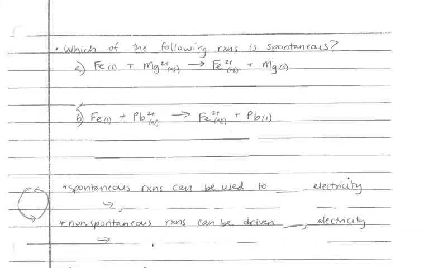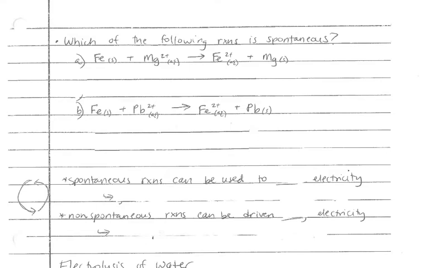So here's another form of the question, just asking which of the following reactions is spontaneous. So let's look at the first one. We've got to figure out which one's being reduced and which one's being oxidized. We have iron and magnesium. So let's look at the table.